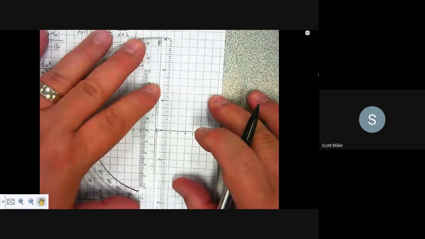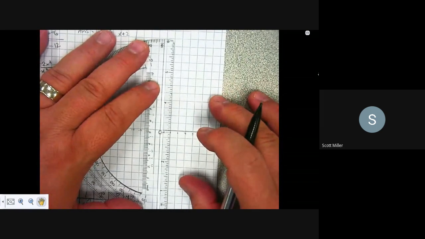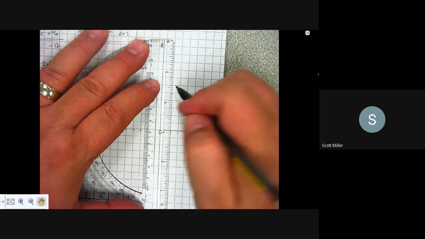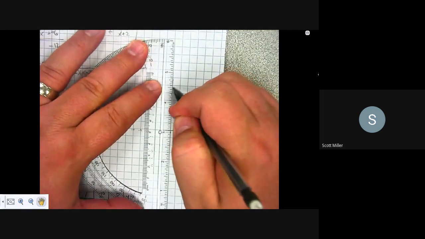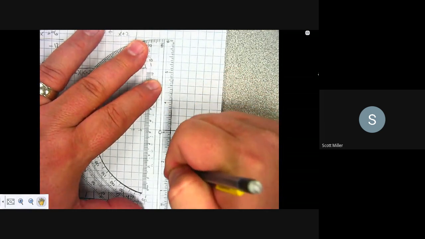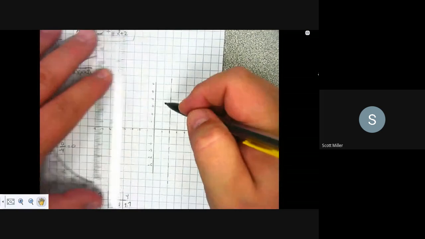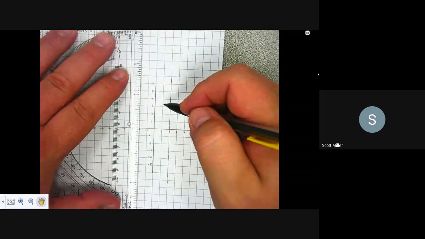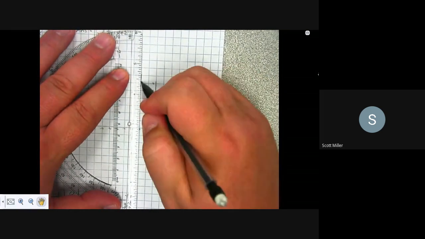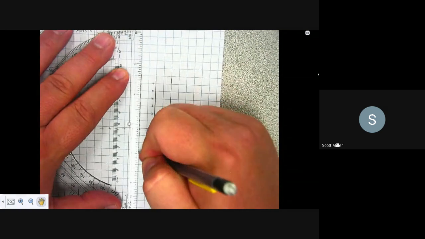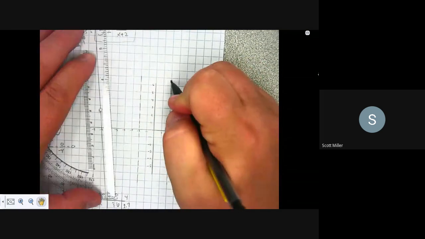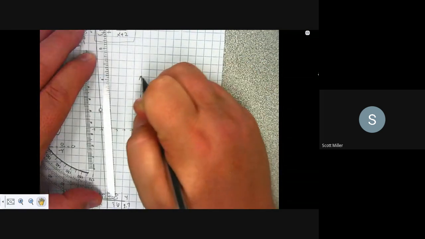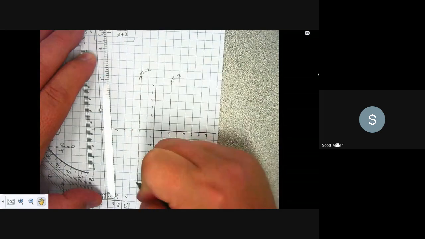The first thing I put in on my drawing is all the asymptotes, whatever they are. So I have a vertical asymptote at 2. I have another one at negative 2. So here is x equals 2. Here is x equals negative 2.